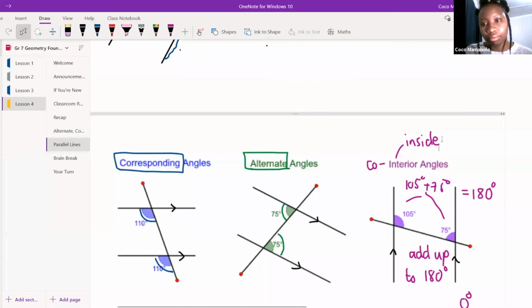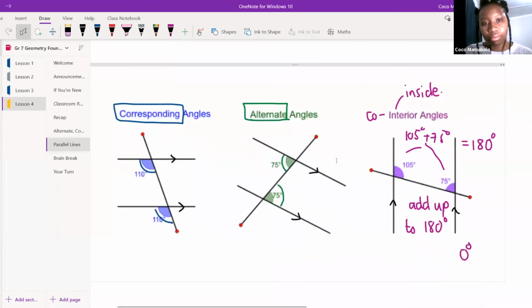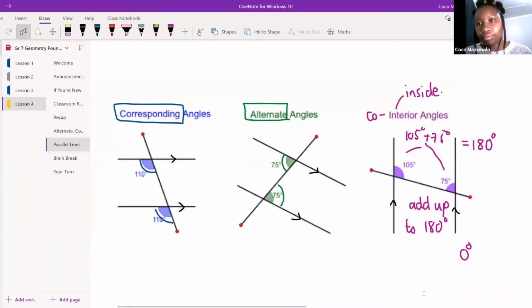Buche, how can I help my sweetie? Ma'am, with all the co-interior, inside and... no, the last ones where you have to plus them. Yes. With those ones, do you always have to plus, or can you also minus?